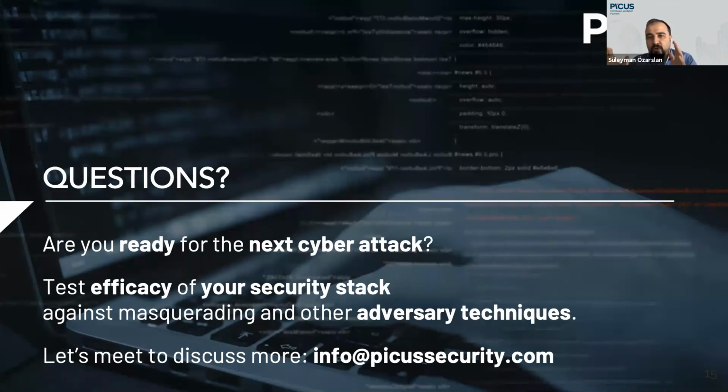We focus on behaviors of attackers. We focus on TTPs of malware. Any zero-day attack or any attack is a combination of TTPs actually. So if you prevent or detect TTPs, you can prevent future attacks also. What do you think about it, Erdal?